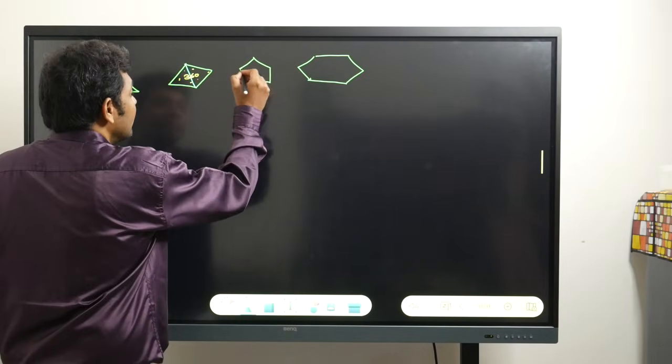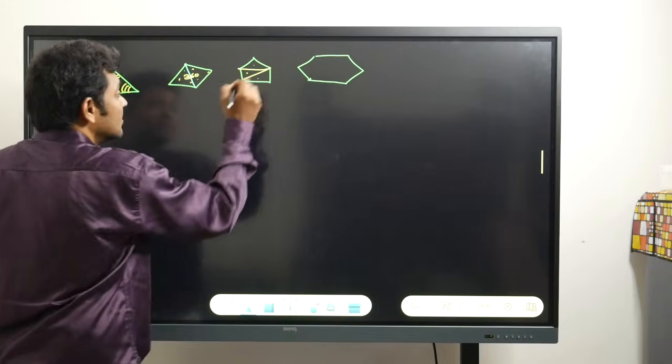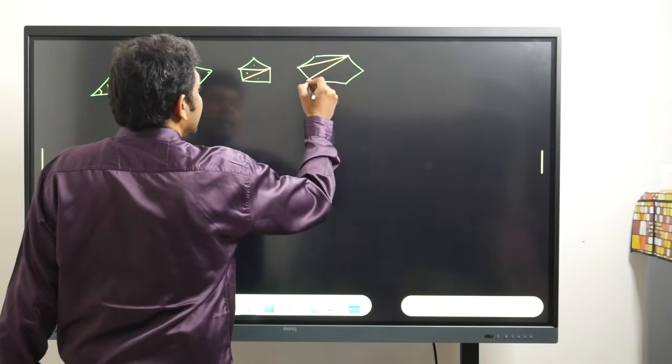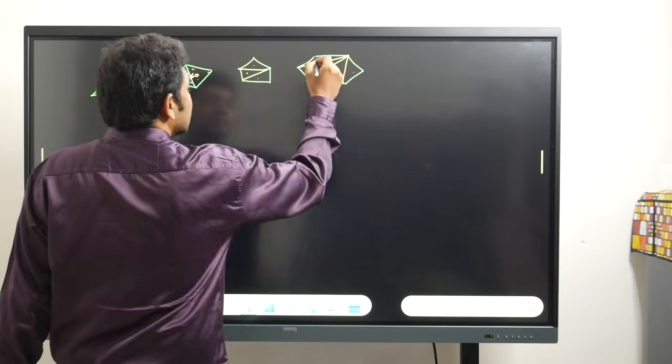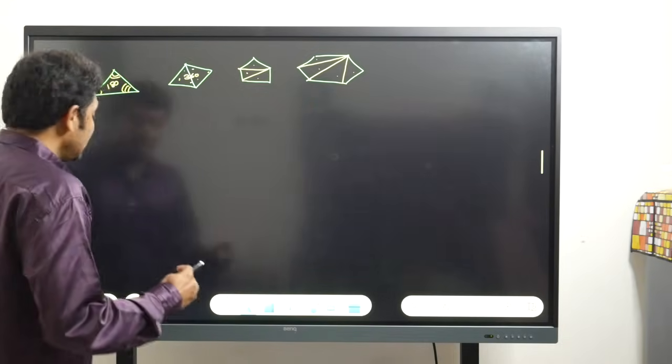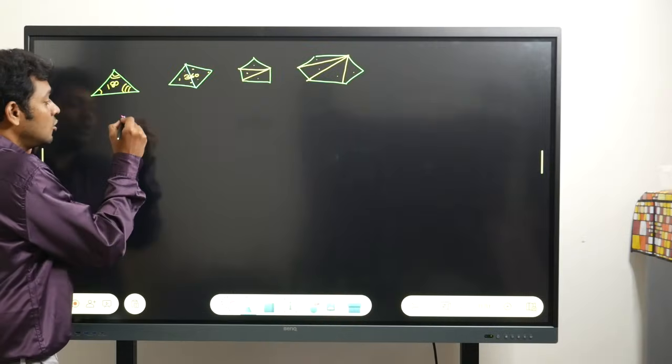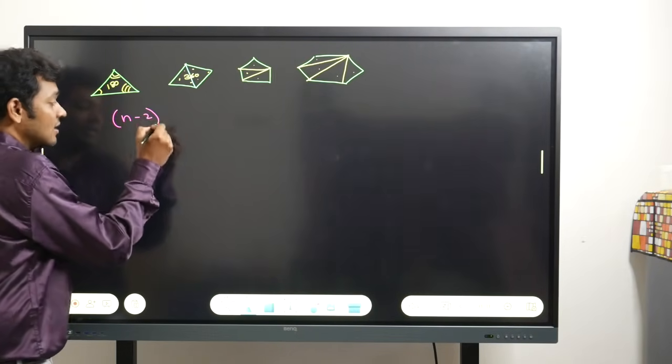My pentagon can be separated into 3 triangles. So 3 180s. My hexagon can be separated into 4 triangles. 4 180s. In general, my n-sided polygon can be separated into n minus 2 triangles.